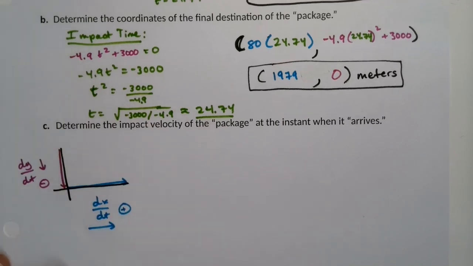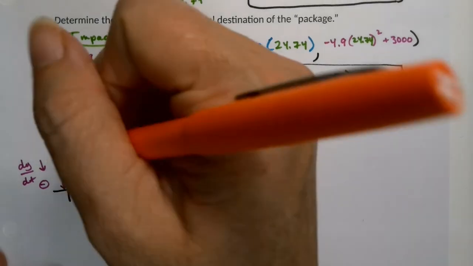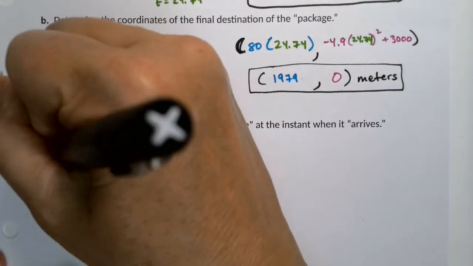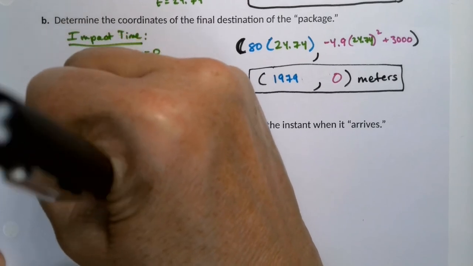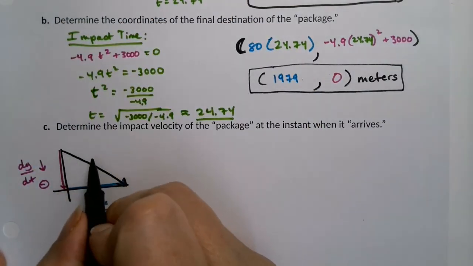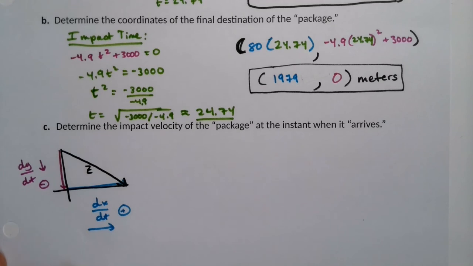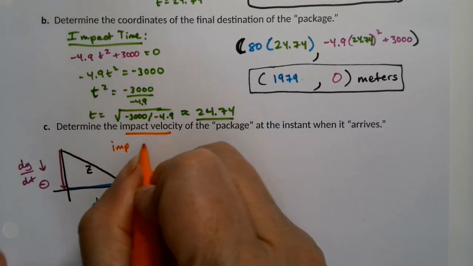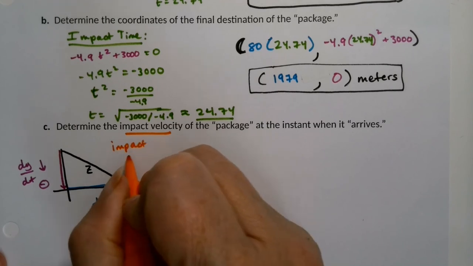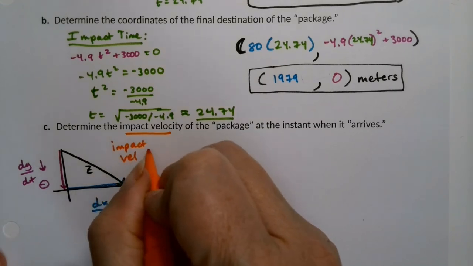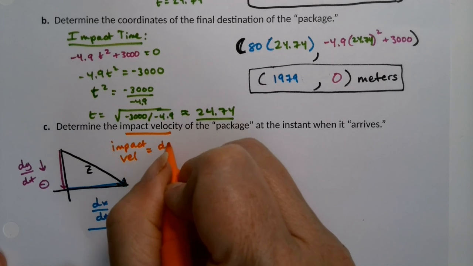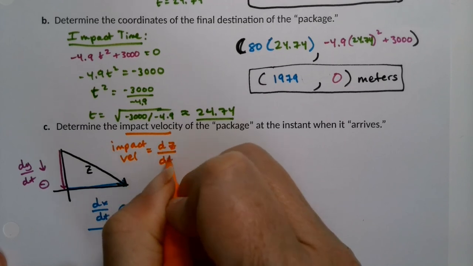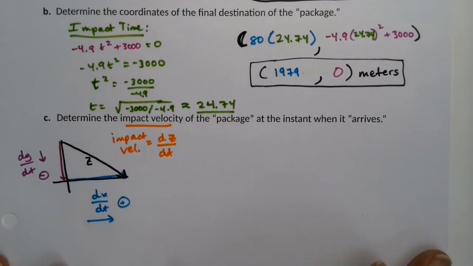Now, the impact velocity is not just the ratio of the two. No. Your impact is coming along like this, and we'll call that z, right? So the impact velocity is dz/dt. Now, I know what you're thinking. Well, how would I find that? I wasn't given a z.